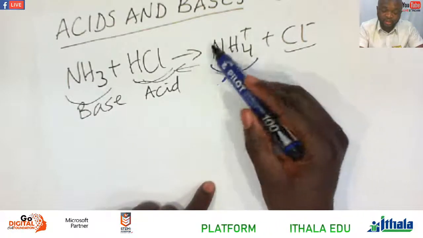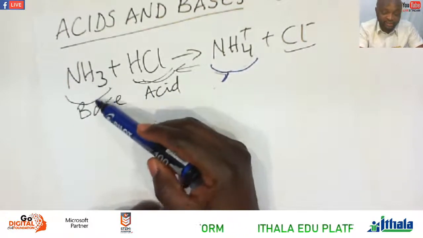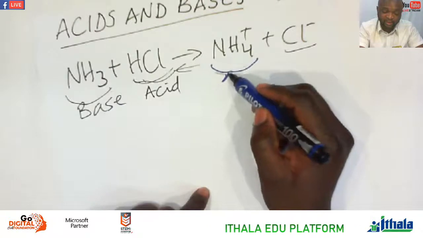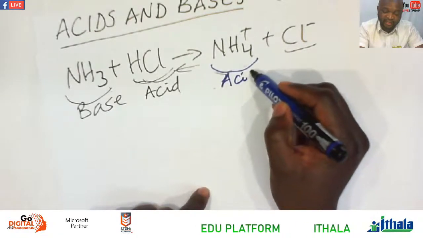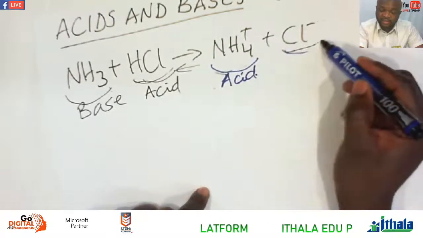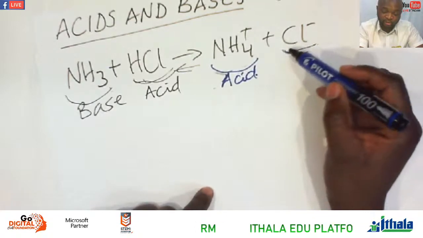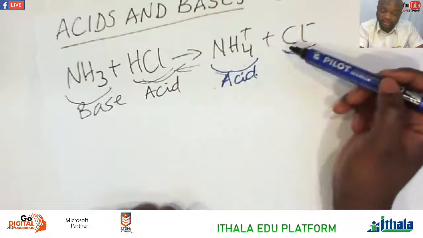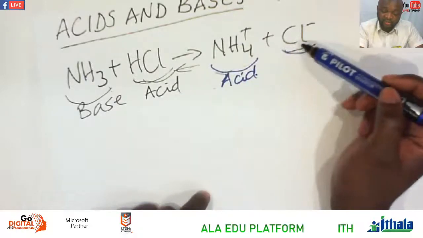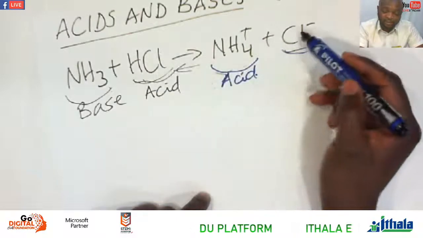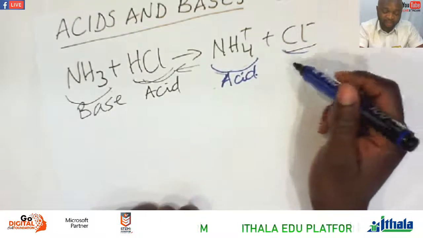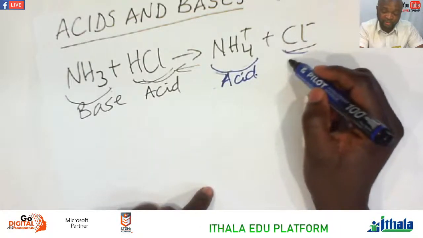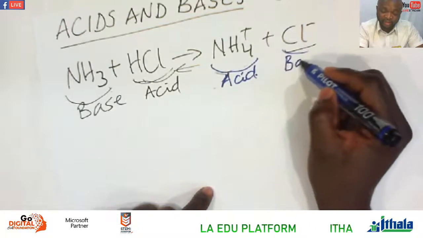Bese nama-hydrogen awu-4 sigcina ngani? Ngama-hydrogen awu-3. So this makes NH4 act as what? As an acid. U-Cl minus ubengenawo i-hydrogen. Kodwa i-reverse reaction isinika bani? HCl. So means that Cl minus accepted a proton. That makes it what? A base.